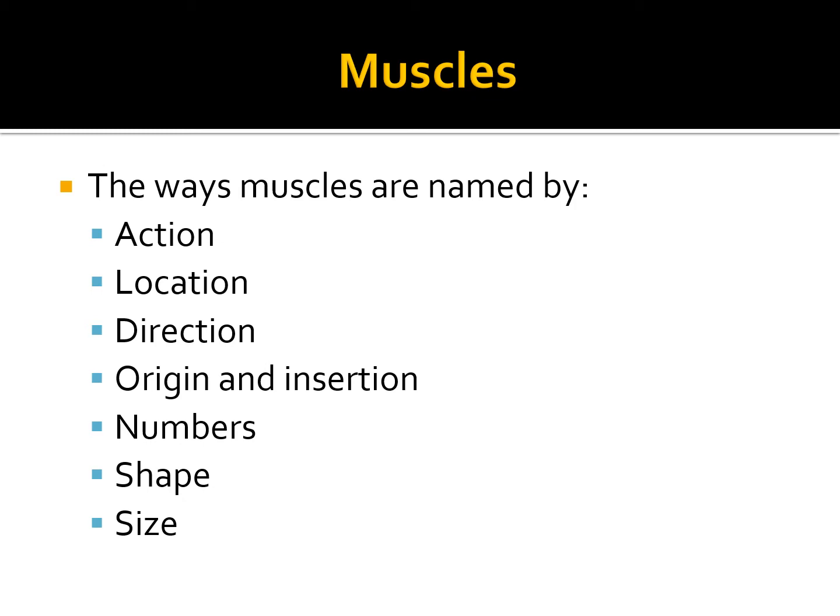Origin and insertion is where the muscle originally begins and then where it ends. So for instance, the radialis ulnaris starts at the radial area and ends at the ulna, at the elbow. Numbers could be something like bicep, tricep. Shape could be something like trapezius. Size is going to be something like major or minor.